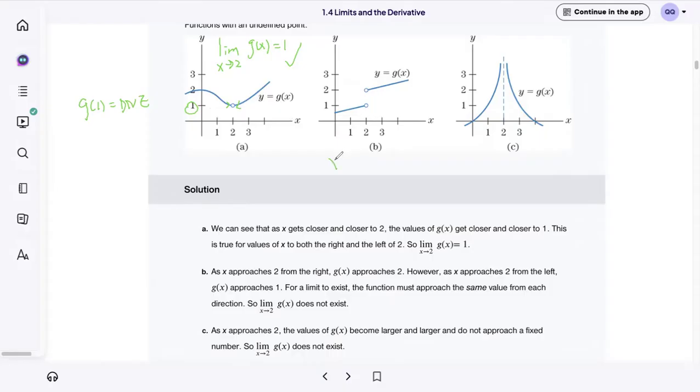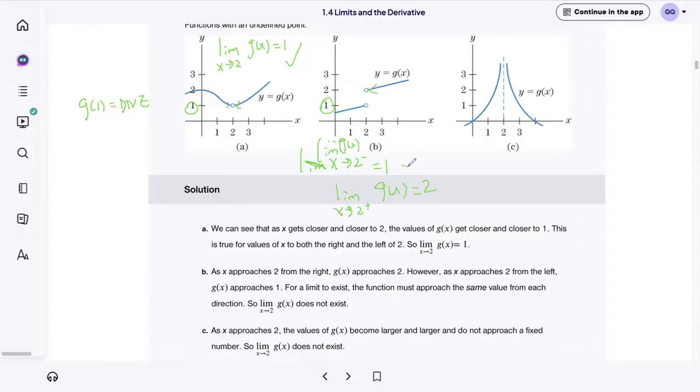Well, let's see this one. Limit from left-hand side, x approaches 2 from left-hand side, the limit, I should write a little bit higher, right? This is also g of x. On the left-hand side equals to 1. Limit on the right-hand side, or coming from the right-hand side, approaches 2.